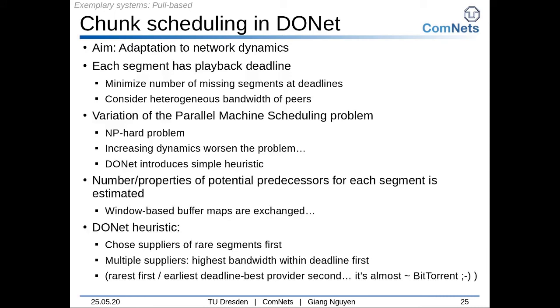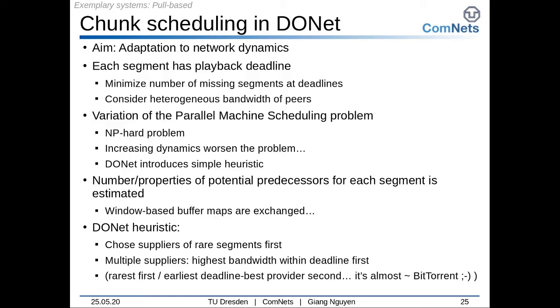The heuristic used by DONET functions as follows. First of all, a peer will select the partner which has the rarest packet. Why is that the case? First of all, if we don't select the partner which has the rarest packets, the peer cannot request those rare packets from anywhere else.